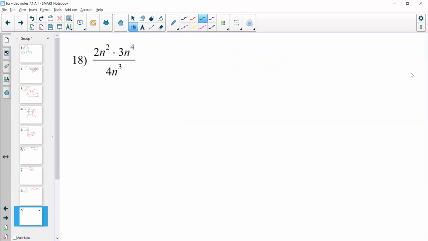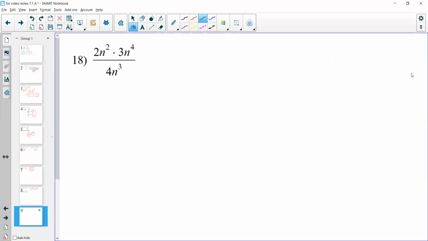So let's take one of the more in-depth ones on the homework, which is number 18. So we have to do several steps on this one, and it does not matter what you do first. I always think it's easiest to handle the coefficients first.